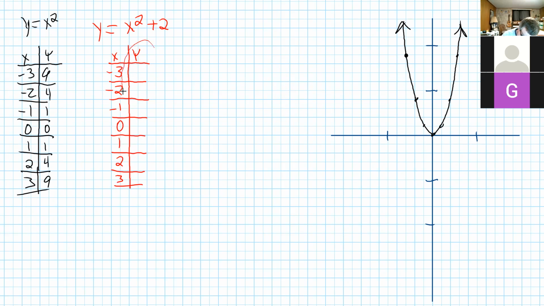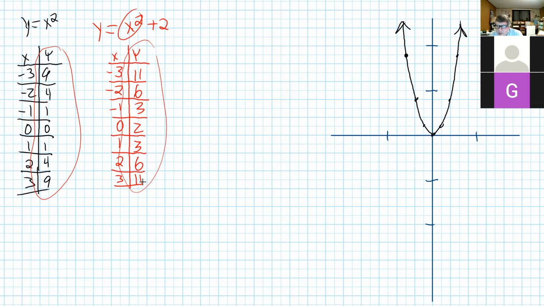How are these values going to differ from those values? You're going to add that to all of them. Exactly, because we've got x squared plus 2. So 9 plus 2 is 11. 4 plus 2 is 6. 1 plus 2 is 3. 0 plus 2 is 2. 1 plus 2 is 3. 4 plus 2 is 6. 9 plus 2 is 11.